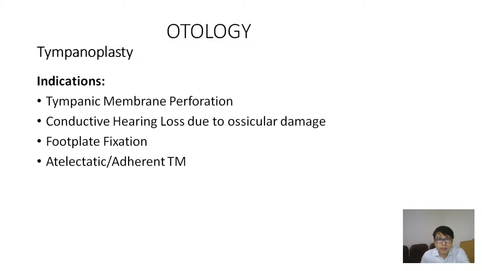Some of the important surgeries we do in otology are for chronic otitis media. Coming to tympanoplasty: tympanoplasty is the surgery we do for chronic otitis media, mainly the safe type. By the terminology, we mean repair of the ossicular status, repair of the ruptured tympanic membrane, and if there is minimal disease in the middle ear, we try to clear that disease.